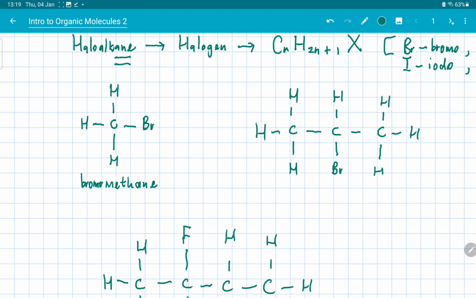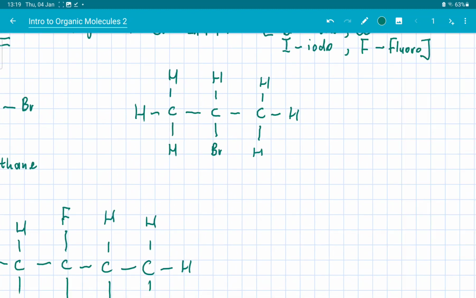But however, if we check the second one, the bromine now, if you count from this side, 1, 2, 3. Even if you count from the other side, it's going to be 1, 2, 3. In other words, the bromine is at carbon 2, people. Why? Because potentially, if it was here, it would be at carbon 1. So now it happens to be at carbon 2. So we have to mention that position.